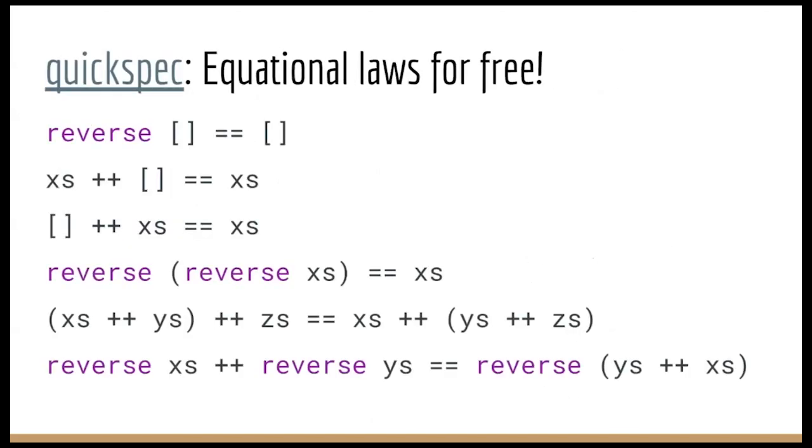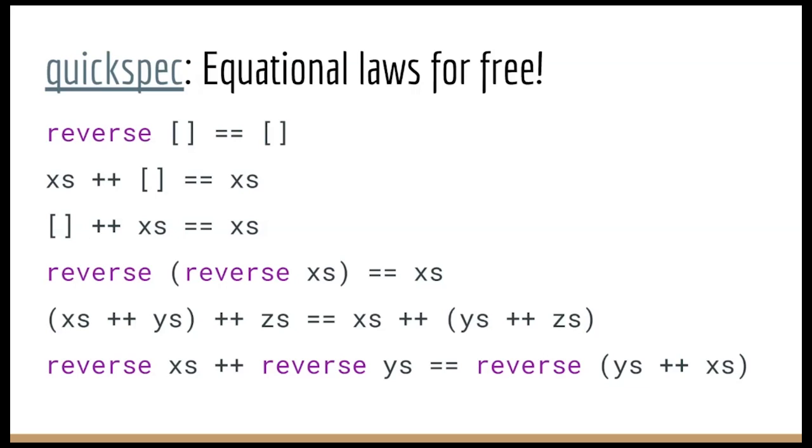And now that we covered all those awesome laws, it would be nice to have a way to just infer them automatically. And there is a tool called QuickSpec that uses QuickCheck under the hood to generate random inputs and verify if some of those equational laws hold.